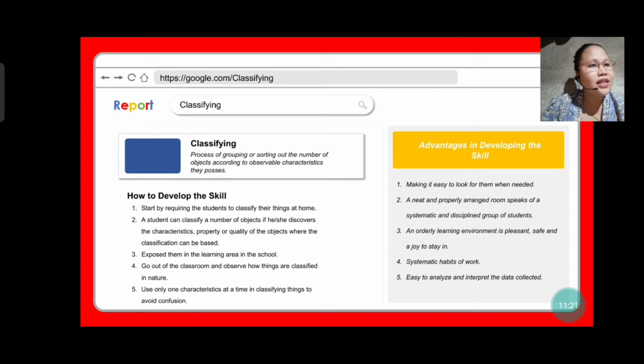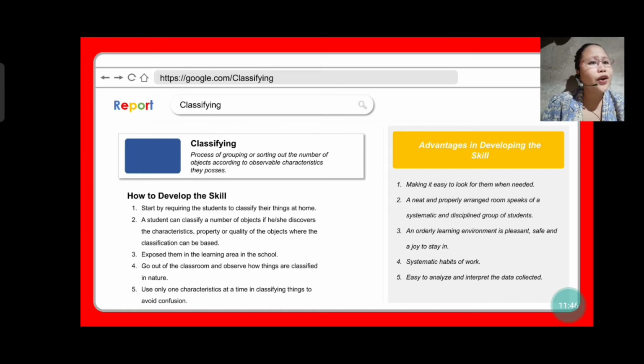Since we see the neatness of the room, it means the students are disciplined because they know how to classify things in order. Third, an orderly learning environment is pleasant, safe, and a joy to stay in. If the room and the environment are messy, the students cannot learn.